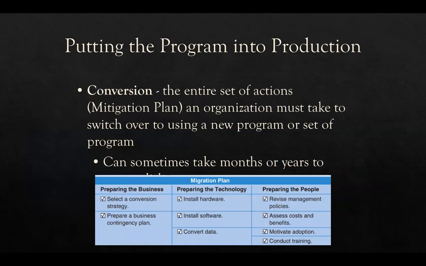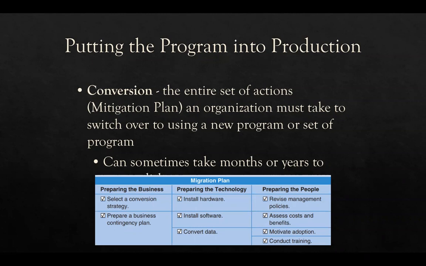It's important to note, as a programmer, your work is not complete once your program has passed its testing phase. The process to move the program into production, in other words, being used by the company or the user who requested it, must be thought out carefully. The set of actions used for the conversion process is sometimes called a mitigation plan.